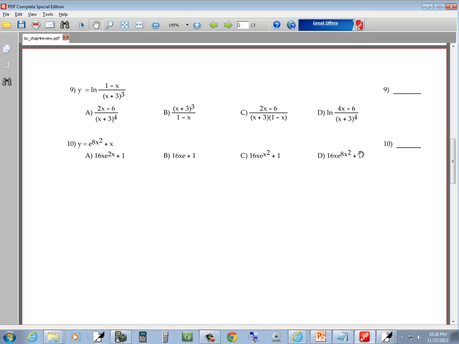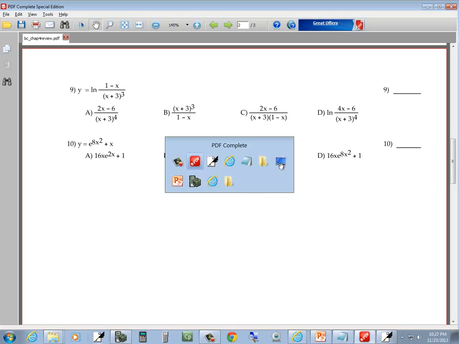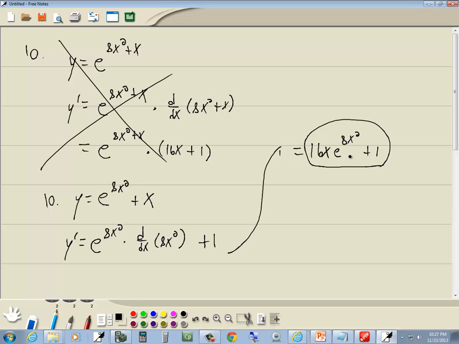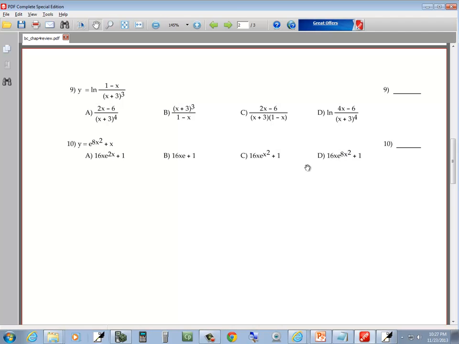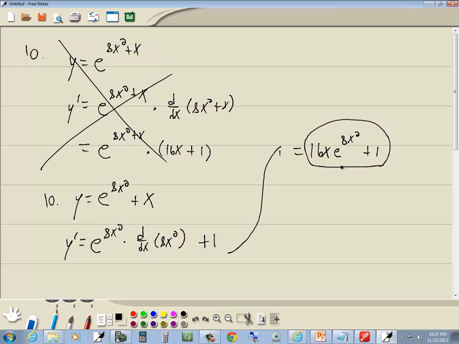And that's our answer for number 10, whichever one that matches. Eyes aren't very good, but I think it's 8x squared up there. Okay, 16x. D. Yeah, D would be your answer.